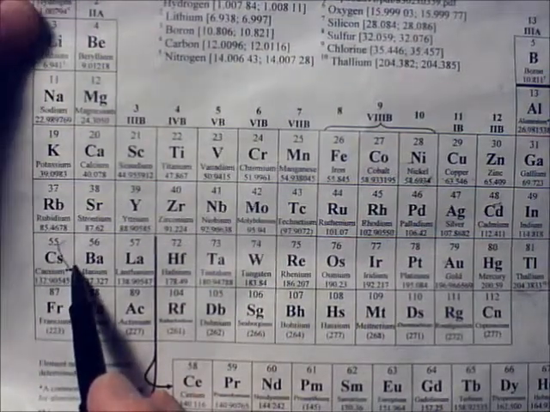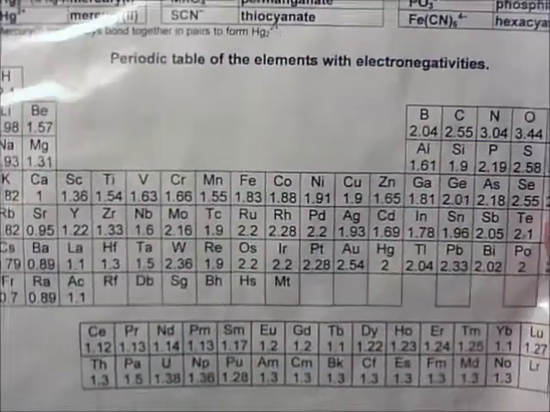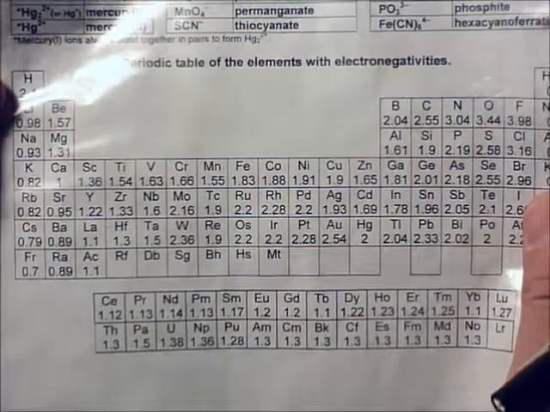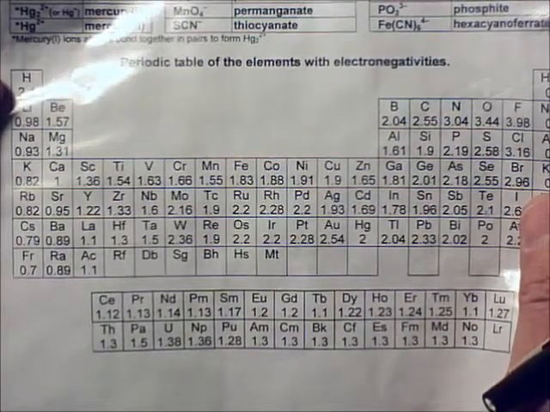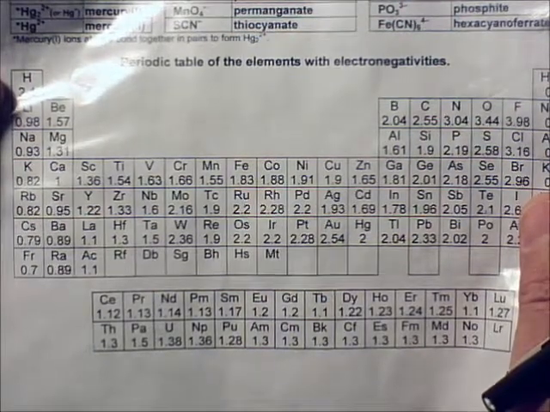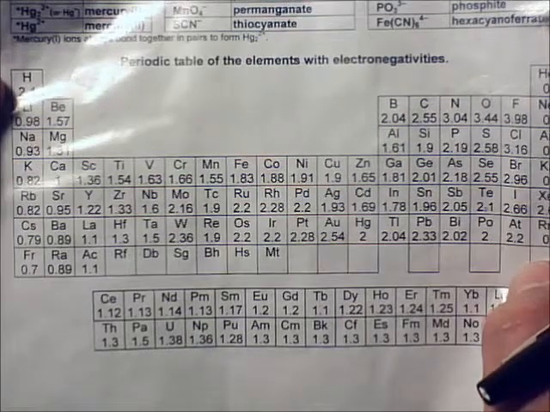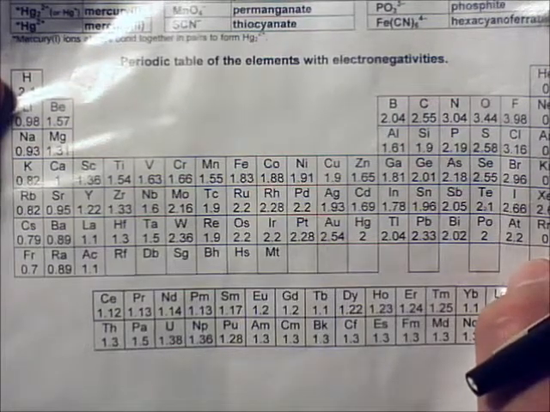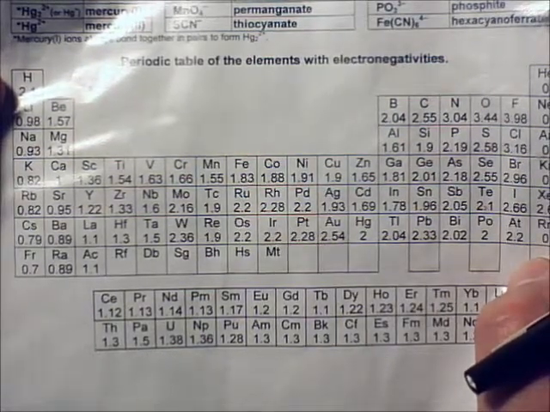Remember that? In this unit, we're going to look at a periodic table that has the electronegativities written out for you. This is in your set of test references. You might want to get those out, and make sure you know where those are, because when we're figuring out the polarity of molecules, you need that. We don't need it right now, but we'll need it.